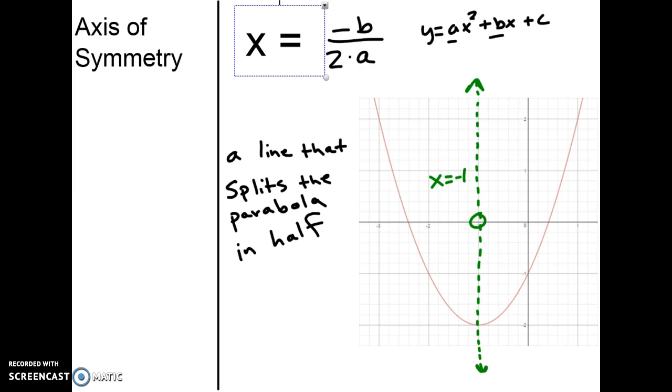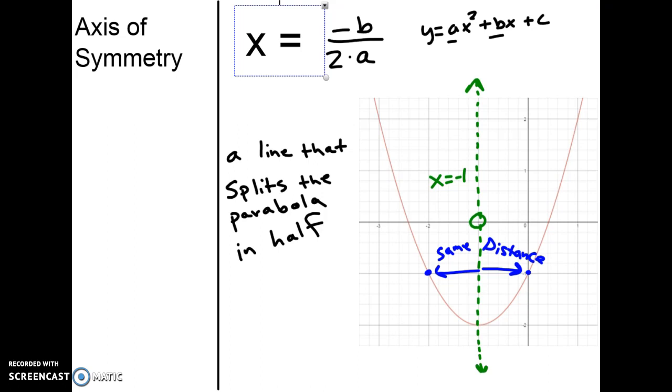And we know it's the axis of symmetry because if we had this point on the parabola and this point, you can see that this distance is the same from the axis of symmetry. So it just splits the parabola right in half.